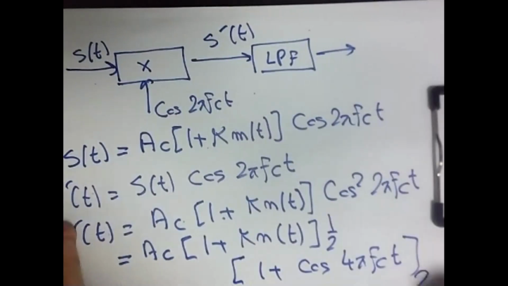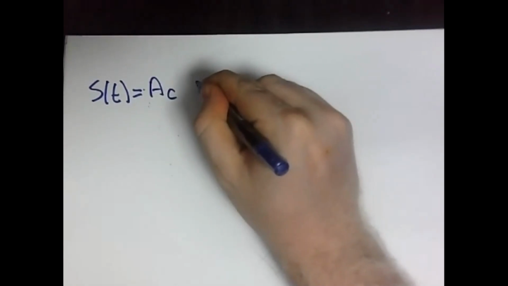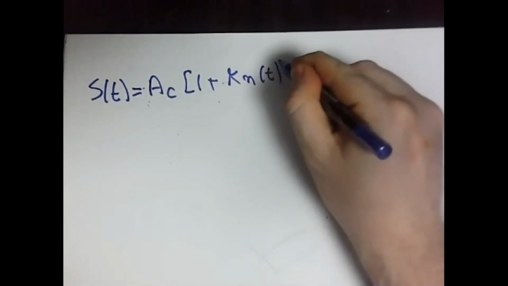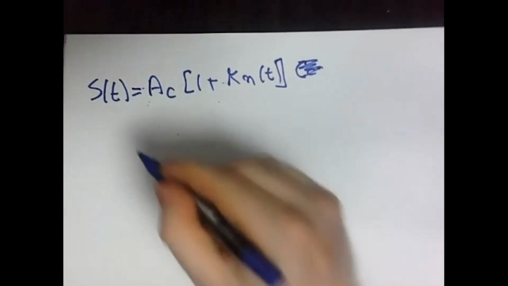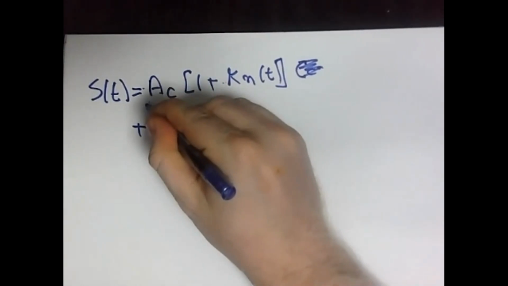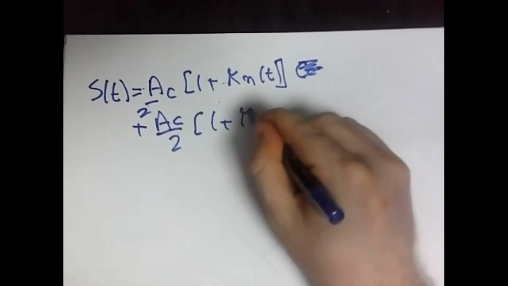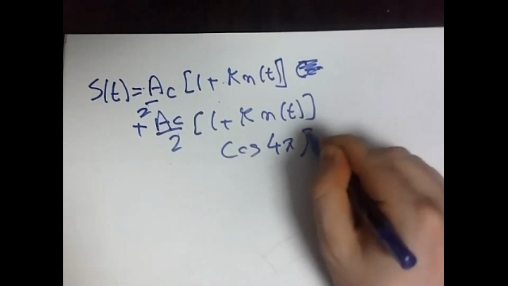So this is page number 3. Now you can extract your signal. So here, s(t) equals A_c/2 (1 + k m(t)) plus A_c/2 (1 + k m(t)) cos 4π f_c t.